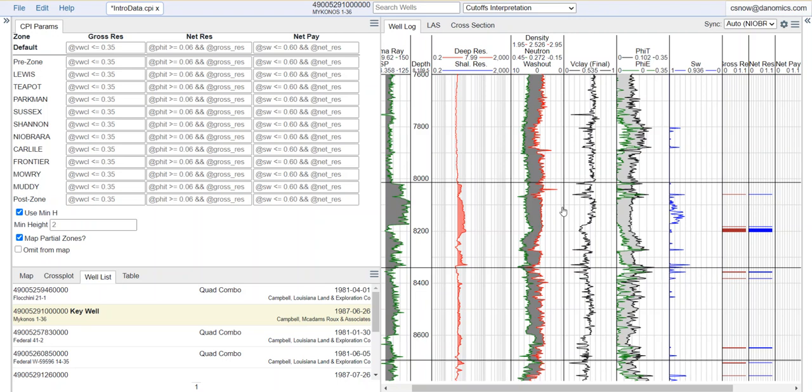So that's one way we could try to establish what our clay cutoff should be, maybe what our porosity cutoff should be. For the saturation, of course, if you take core, you can look at the relative permeabilities. You could establish where your irreducible water saturation is, and what saturation you need to be at to be able to flow oil.